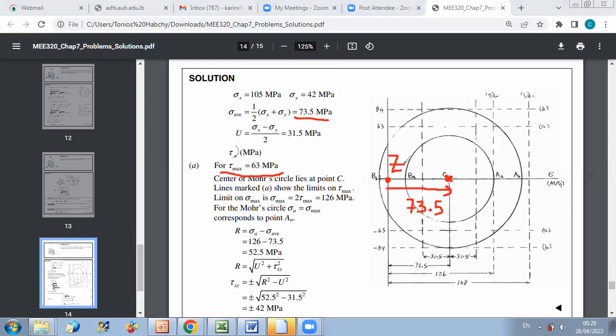Now, for the first scenario, in order to have tau max equal to 63 megapascal in plane xy, okay, so here tau max, if I plot the limits for tau max, they want tau max to be 63.